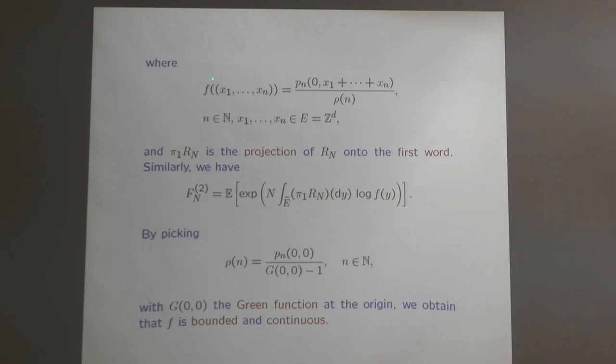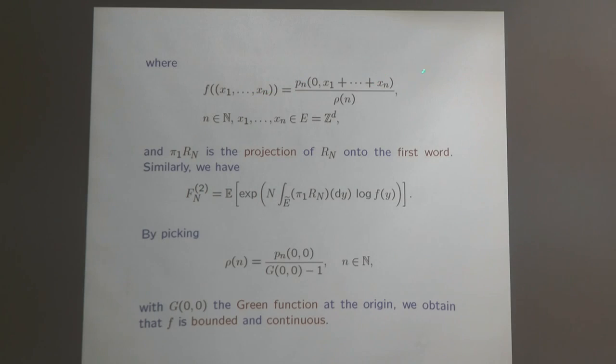It is just this function. If you pick an n and you pick any steps that take values in your lattice, and for me my alphabet is now the lattice, then this function is just given by the probability that in n steps I move a distance x1 up to xn, summed out, divided by rho n.